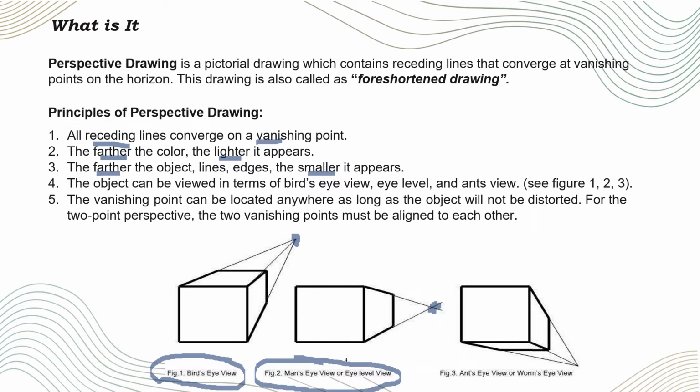And ant's eye view or worm's eye view, as seen in figure number 3, where the observer views the object above its eye level. And the fifth principle, the vanishing point can be located anywhere as long as the object will not be distorted. For the two-point perspective, the two vanishing points must be aligned to each other.